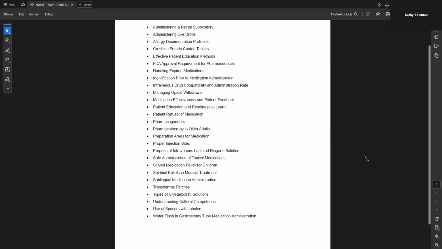There's isotonic, hypertonic, hypotonic. So isotonic would be your same, no fluid shifts, right? Similar to blood plasma. So normal saline, NS, lactated Ringer's. Okay. Hypertonic, an example would be what?